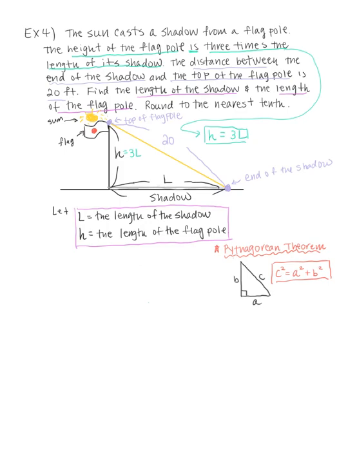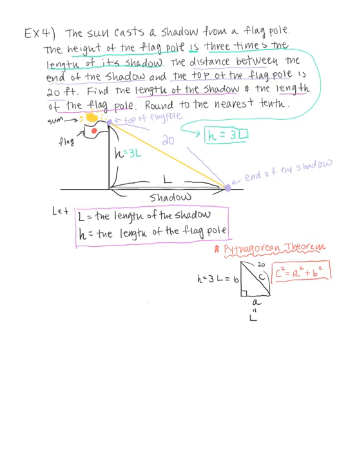Now, instead of our little letter a, by the picture, that stands for our L, which is the length of the shadow. And then our little b here is nothing but our height, which is 3L. And then the hypotenuse is given by 20. So this is the situation.